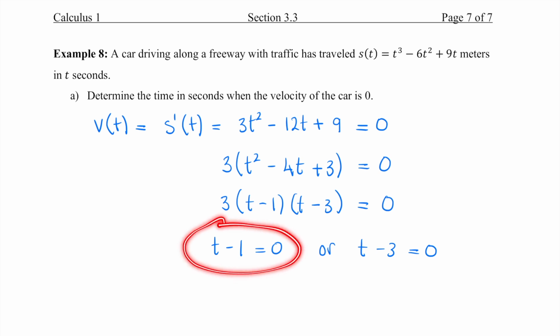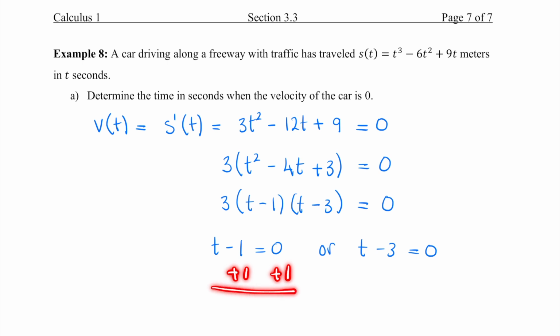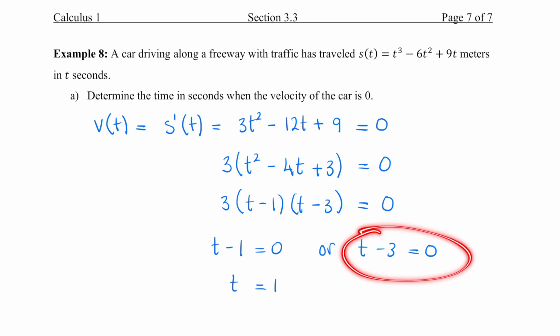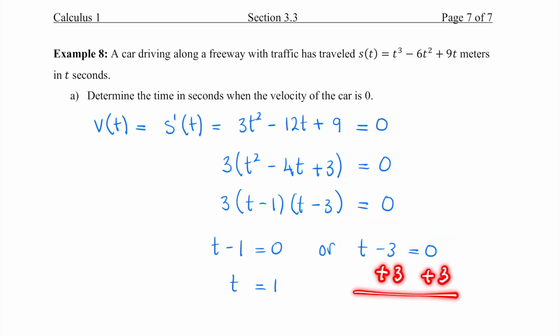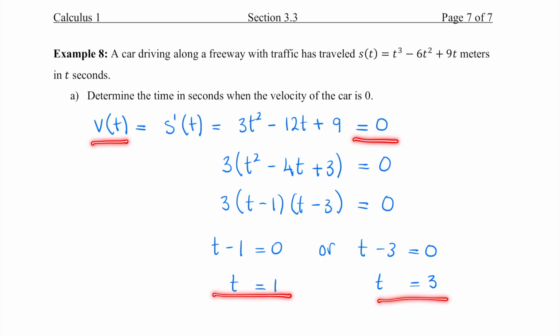From the first equation, we add 1 to both sides, so we have t equals 1. From the second equation, we add 3 to both sides, so we have t equals 3. So the velocity of the car is 0 at 1 second and 3 seconds.